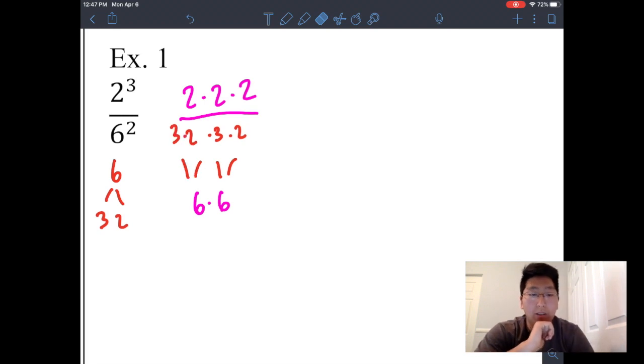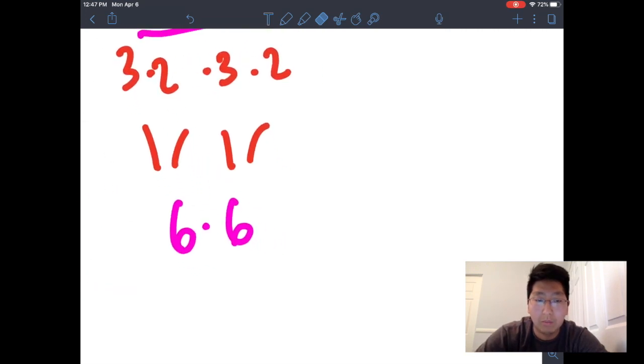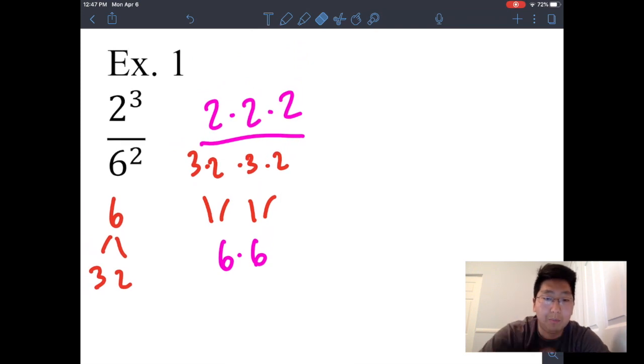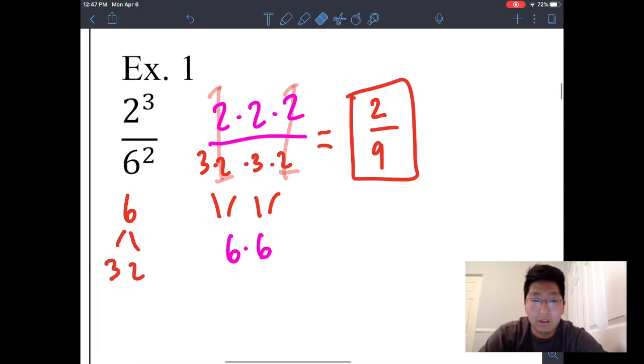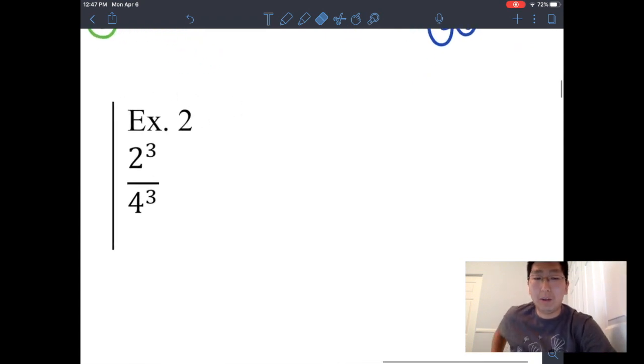So right here, this first 6 is represented by 3 times 2, and the second 6 is represented by 3 times 2. So that's the reason why I wrote it a little bit further down. And now we could create our ones. The 2's create ones right here. So on top, we're left with 2. And on the bottom, 3 times 3 is 9. Okay? Don't forget, you can always pause and try to see what's happening.